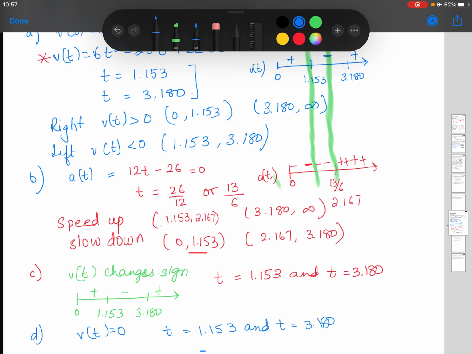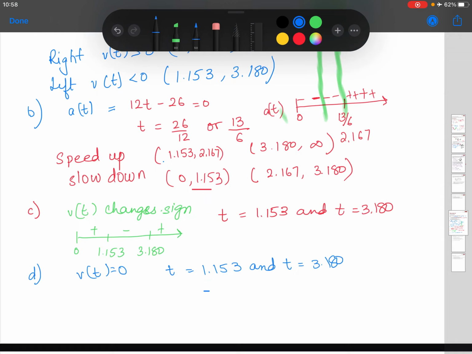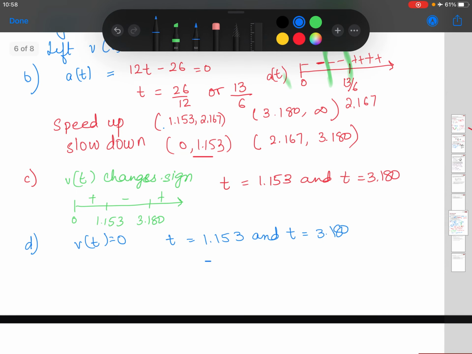The whole idea here is that the answer is the same, it is just different ways of asking it. So I can either directly ask you where is the particle at rest, or I can ask you to describe the motion. Then you're talking about rest, moving right, moving left. So you have to know how to read it and answer the question.